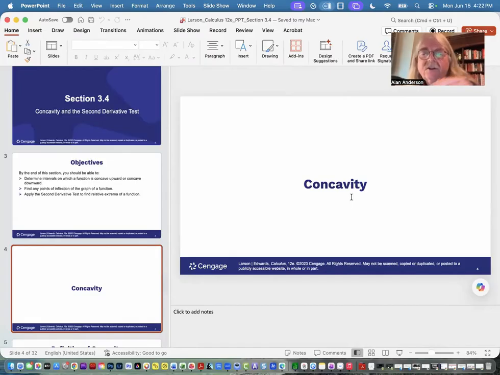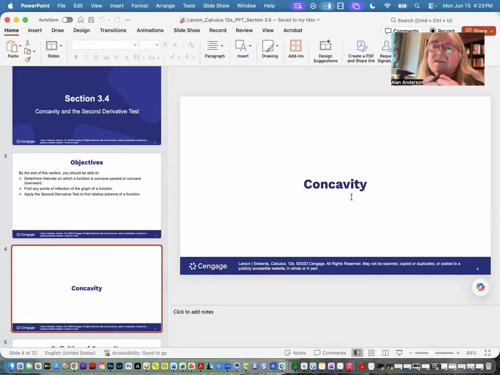This test that they're showing us makes it possible to determine at all these critical points which ones are maxima, which are minima, and which possibly are neither. So that's what this is for, to not just identify where the extrema are, but to tell which ones are which. Okay, so we need to know, is this a maximum or is it a minimum?